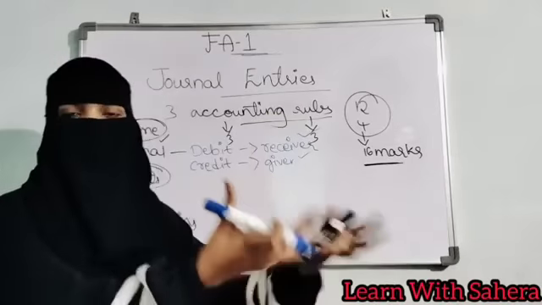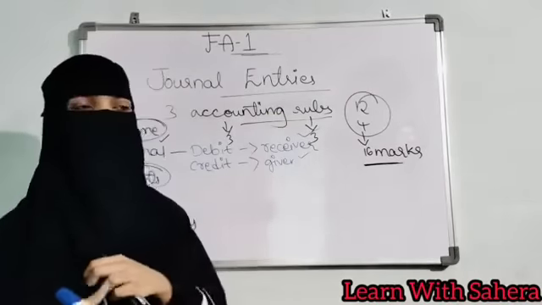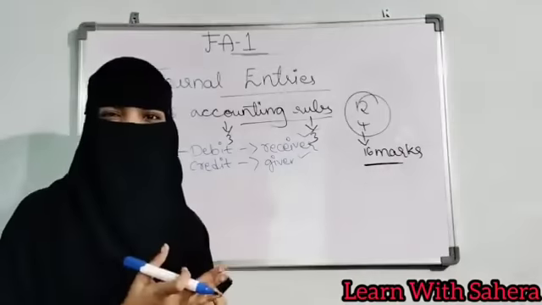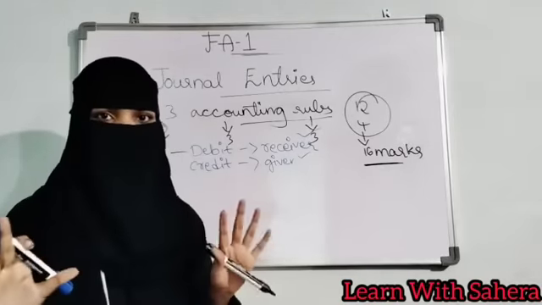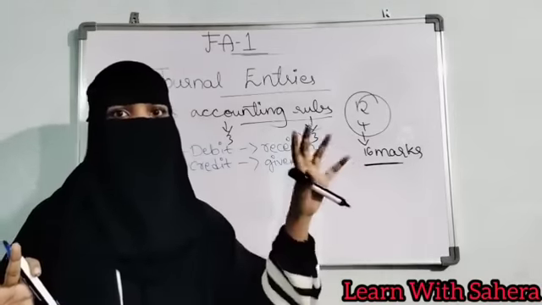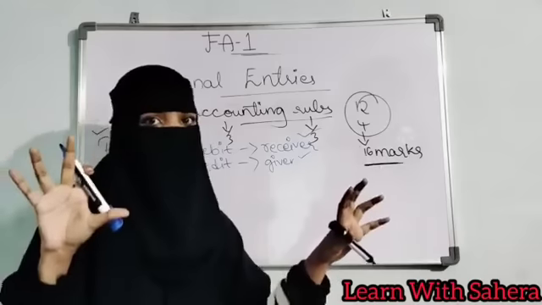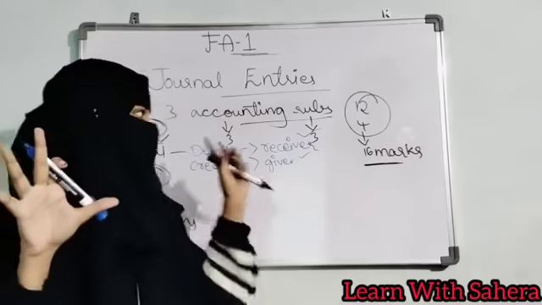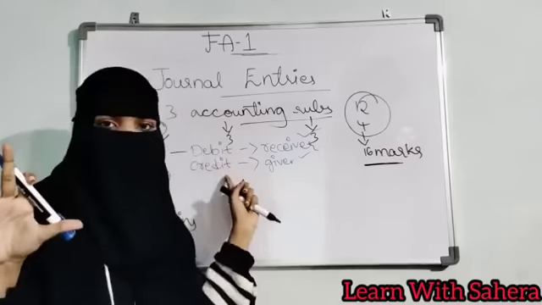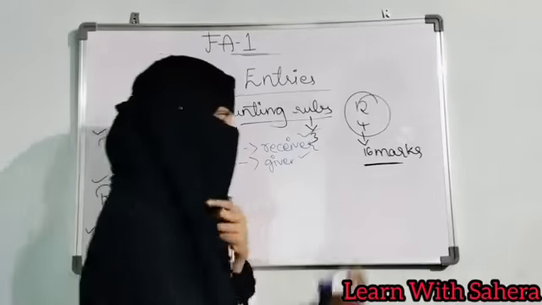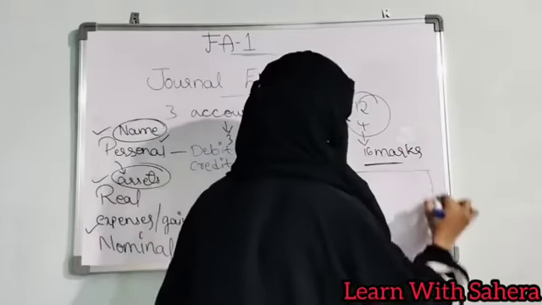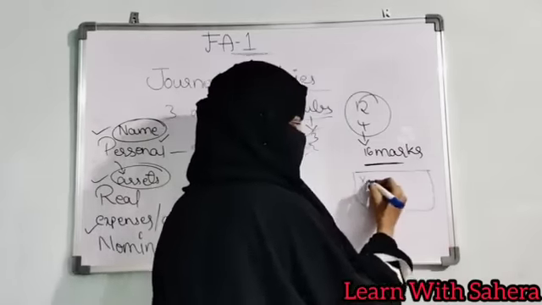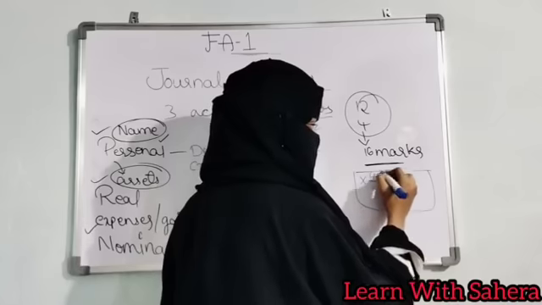If someone is giving something to me, either it may be cash or any good or any product. For example, if X is giving a good to Y, then Y will be the receiver and X will be the giver. Then Y will become debit, X will become credit. Let us assume cash.